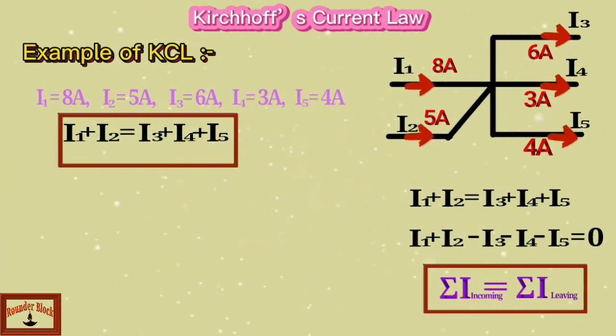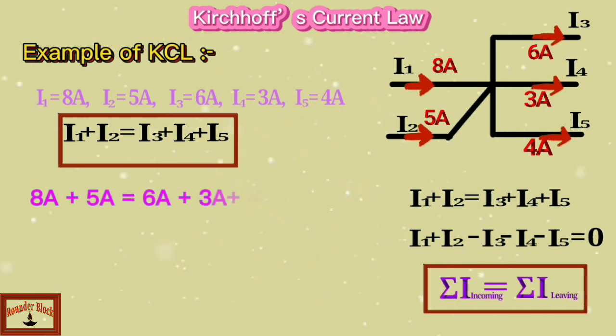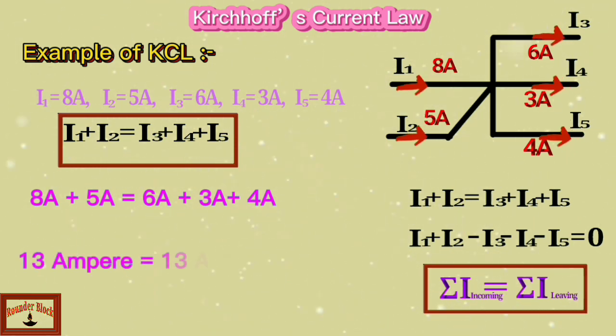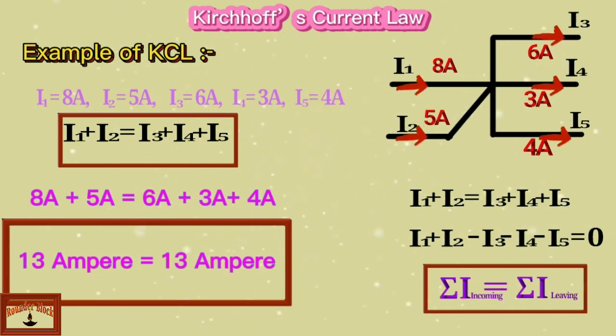That means I1 plus I2 equals I3 plus I4 plus I5. So put the values in the above equation: 8 ampere plus 5 ampere equals 6 ampere plus 3 ampere plus 4 ampere. Now 13 ampere equals 13 ampere. Hence, currents entering the junction equal currents leaving the junction point.